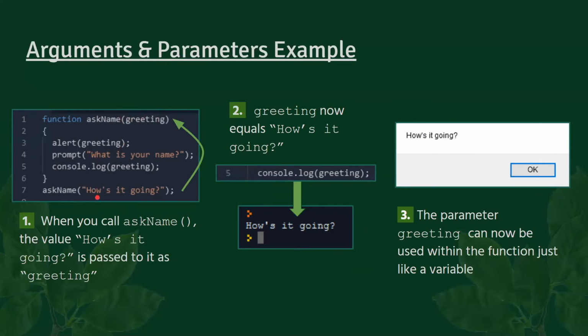It's not the what is your name, it's the how's it going. So it's still a string variable that gets used within the function. So now greeting is the how's it going. So console.log greeting will print how's it going on the console. Now, the parameter greeting can be used within the function just like a variable. Does that make more sense? I'm sorry I messed it up, guys. I really do apologize.